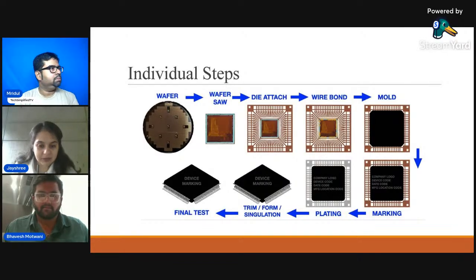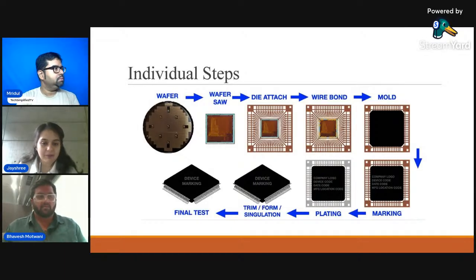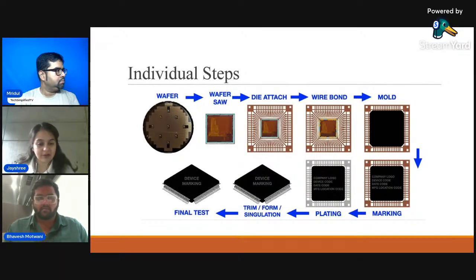So yes, we are doing plating. Then the trimming and singulation process. There are two types of wafer sawing: if we go for wafer level packaging, there are different types of processes, and if we go for device level packaging, it is different. Depending upon the requirements, we are going to do different types of processes.